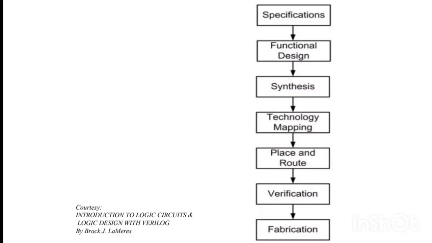Now the gate level netlist or schematic should be manipulated into a form that is suitable for the technology used. The fifth step, that is place and route, is about arranging the components to minimize the area needed on a particular board or chip, and wiring all connections to minimize the interconnect length and crossings.